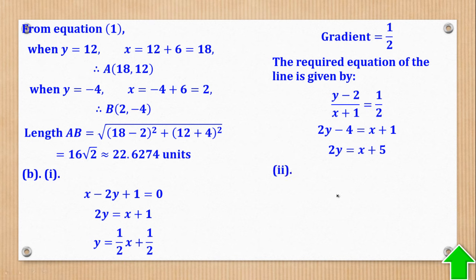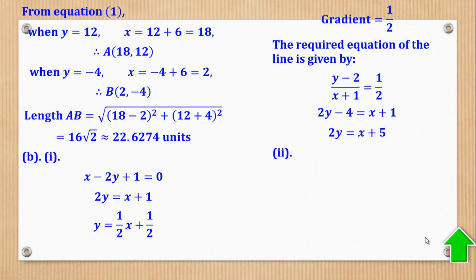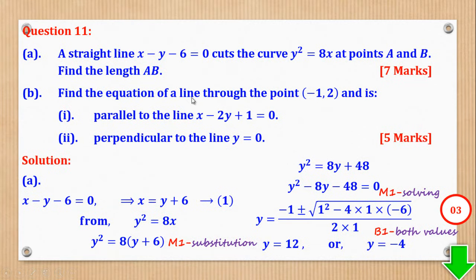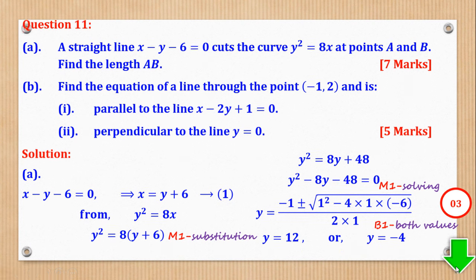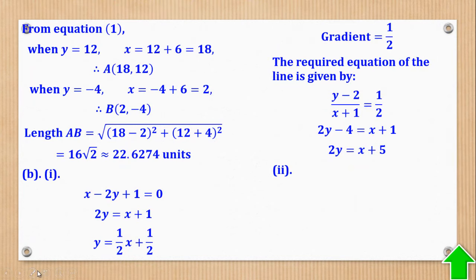Then Roman 2, they want to pass through this point and is perpendicular to this. So y is equal to 0 is this line, y equal to 0. So parallel line is this, x equal to 0.